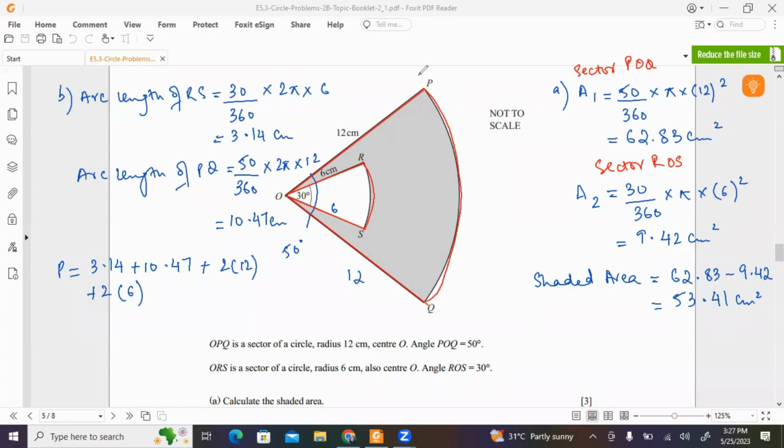So all of this is a part of the perimeter of the shaded region. So I'm going to add up all of these lengths. 3.14 plus 10.47 plus 24 plus 12 is 49.61 centimeters. That is your perimeter of the shaded region.